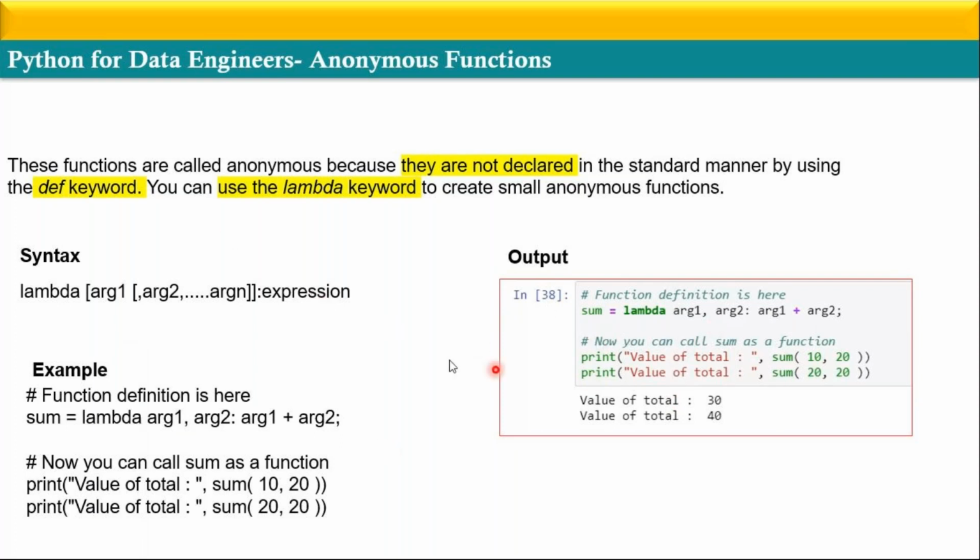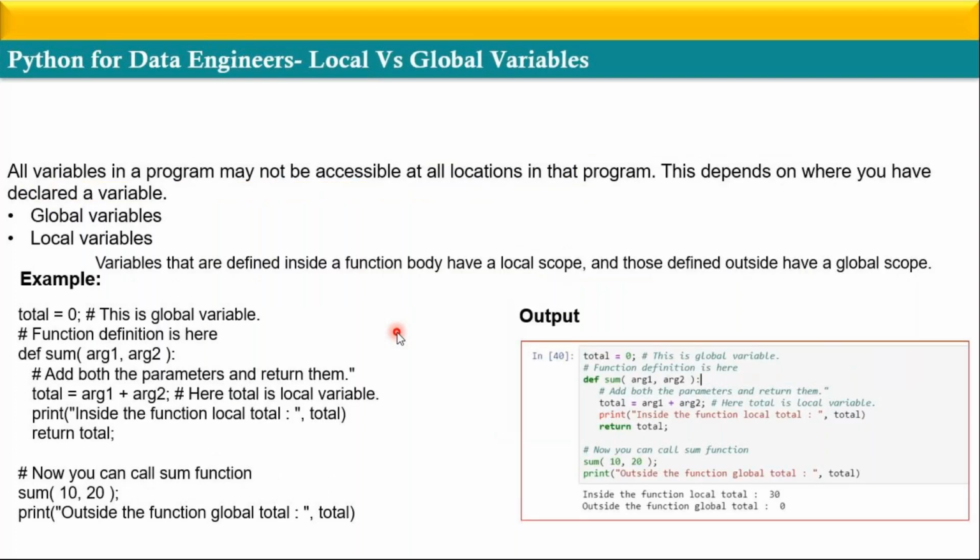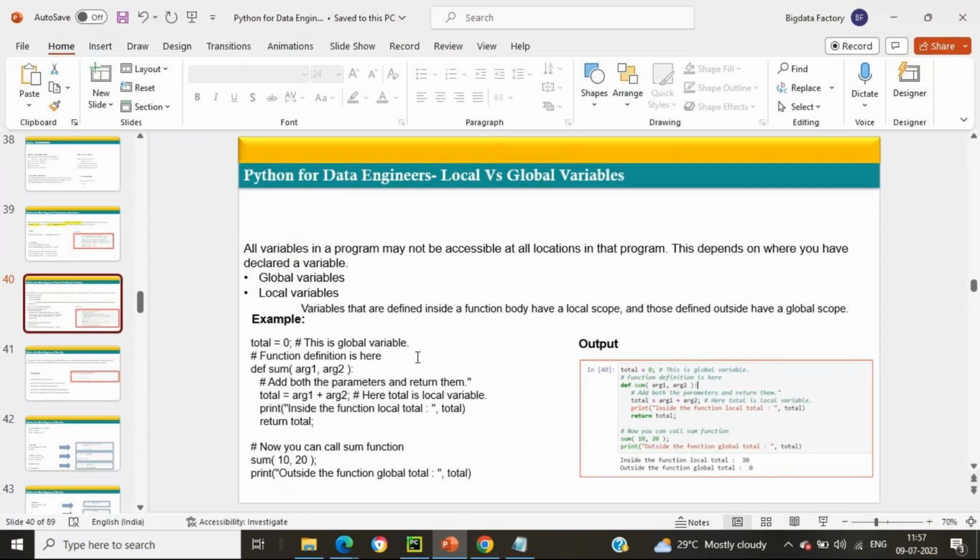I am going to share this particular notepad with you all, and that will give you more insight, and I will share certain questions as well. So you need to practice on that. Then moving further, we have the concept of local variable and global variable. Once we are writing functions, local variable and global variable play a critical role.